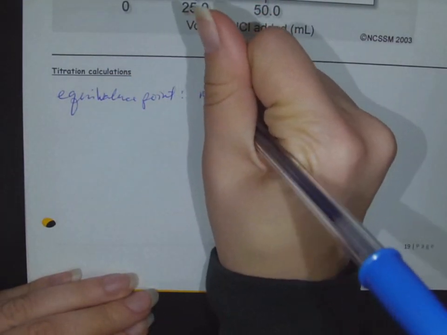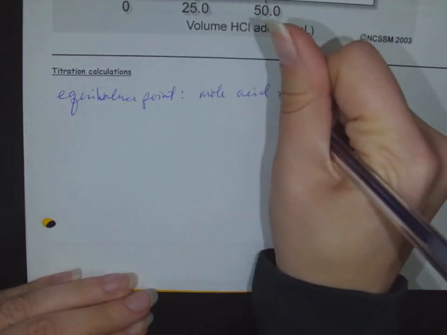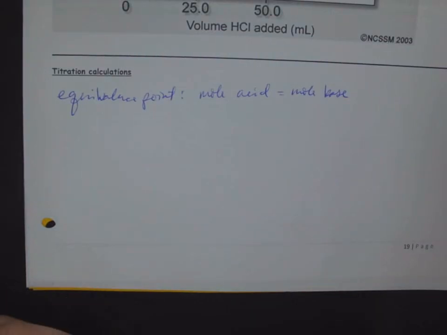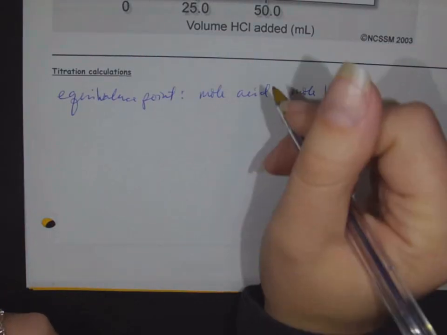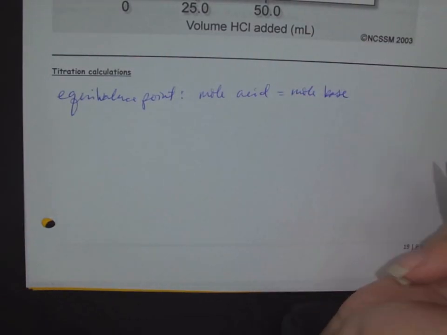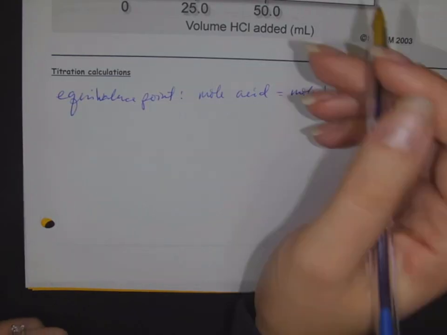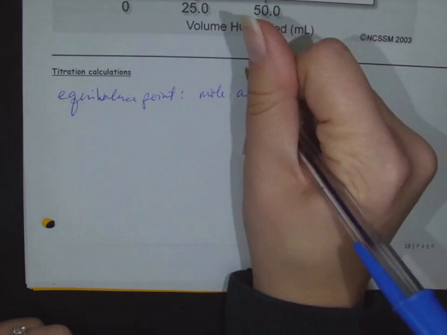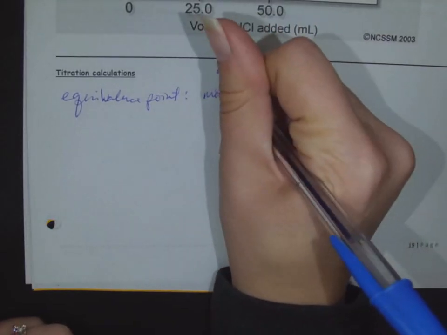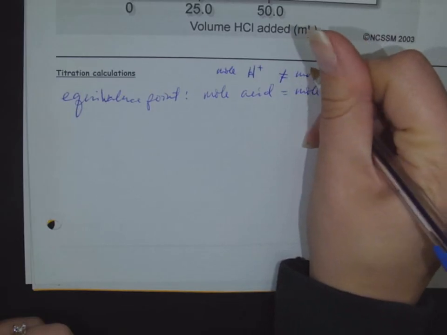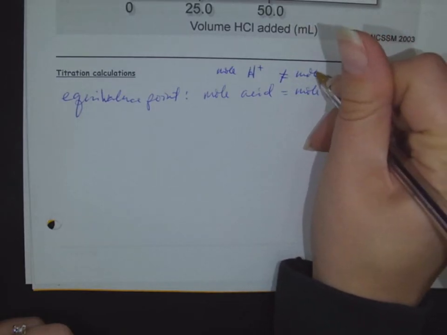The moles of the acid equal the moles of the base. Now one important distinction here: if it was a strong acid and a strong base, then this statement would be true, but it's not always a strong acid and a strong base. That does not always mean that the moles of H plus equals the moles of OH minus.